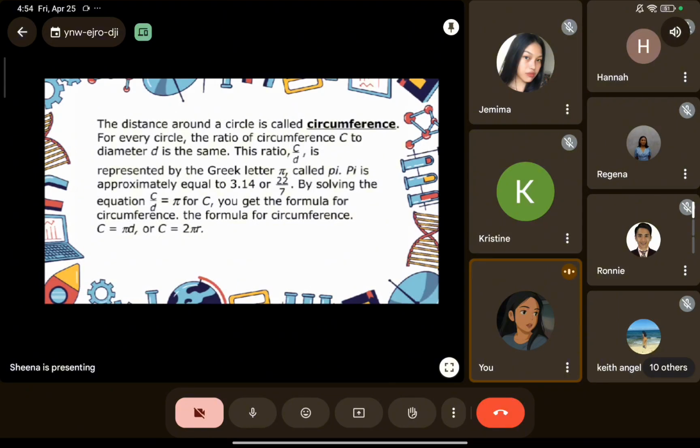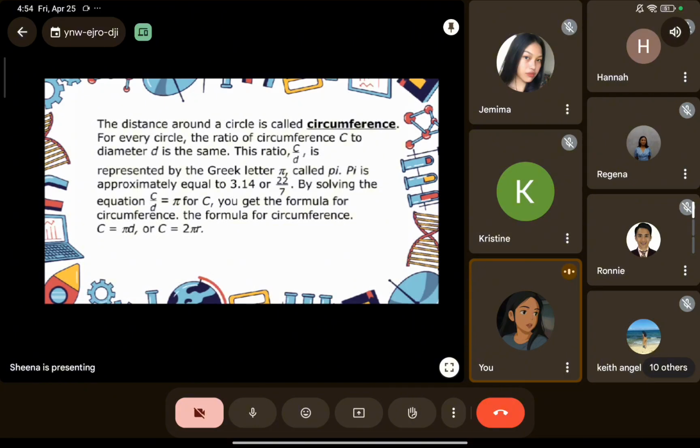So, what we use for the diameter is C equals pi d. For the radius, it is 2 pi r. The pi is approximately equal to 3.14 or 22 over 7 as a fraction.